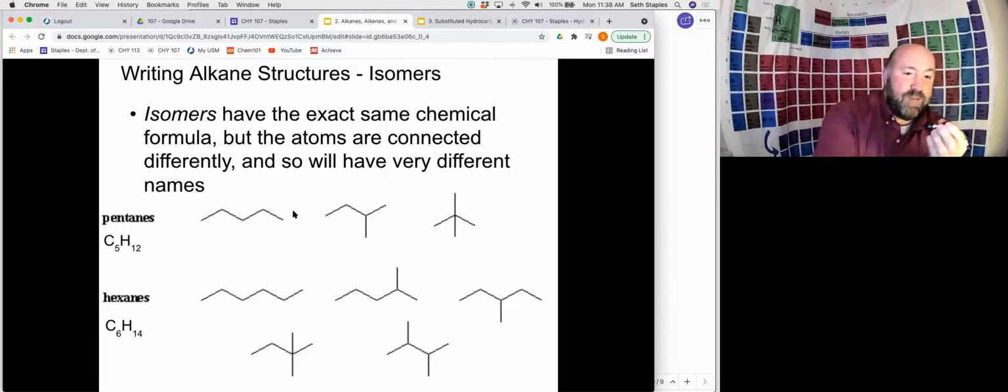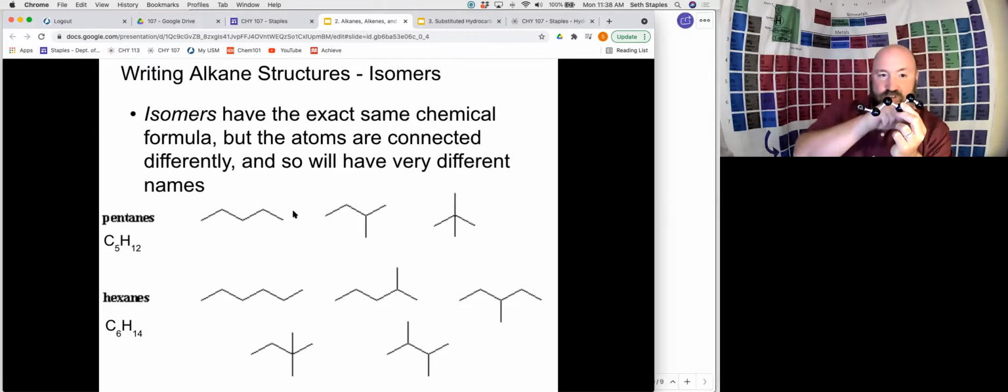And we can see the same thing with the hexane down below. I won't show all of those, but we'll look at a couple. So there's our straight up zigzag hexane, just the straight chain. This carbon on the end could actually be attached right here. It could be attached right here. Same chemical formula, but now our structures are very different.